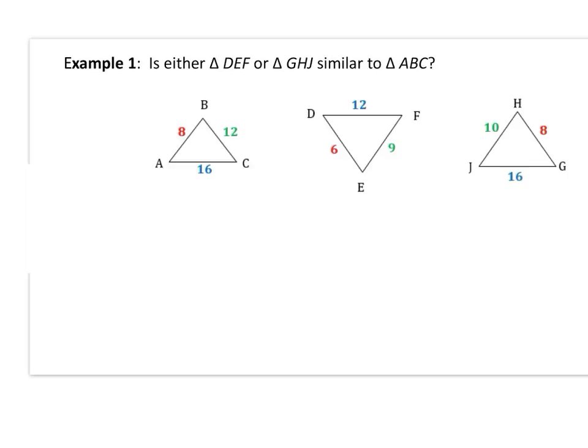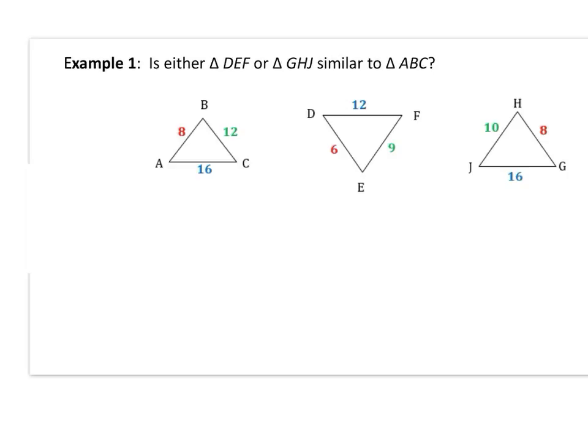All right, so let's check out our first example and answer the question: is either triangle DEF or triangle GHJ similar to triangle ABC? So we're going to compare these two triangles to this first triangle. And I have all the side lengths in particular colors. They are in the color arrangement based on their lengths.